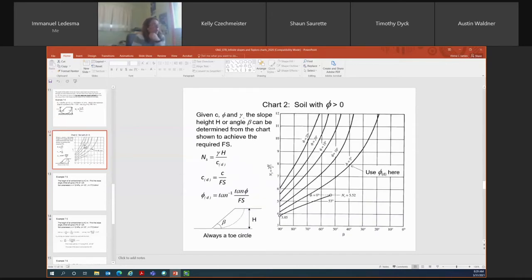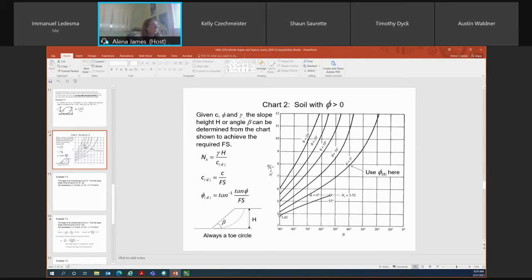Okay, so there is a second Taylor's chart that you can use to determine either your slope angle, or you could also use it to determine what your maximum height would be for your stable slope. This is the chart you use if your friction angle is greater than 0. The first chart that we used was if you have an undrained shear strength and your friction angle is equal to 0.